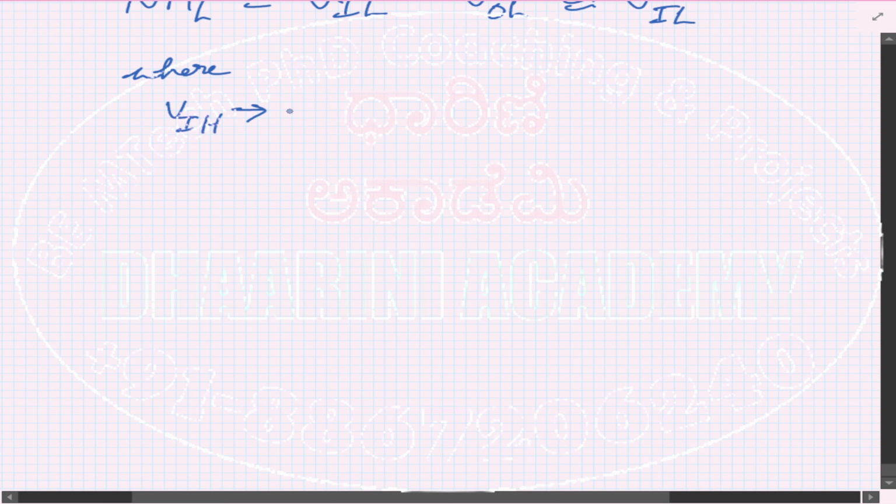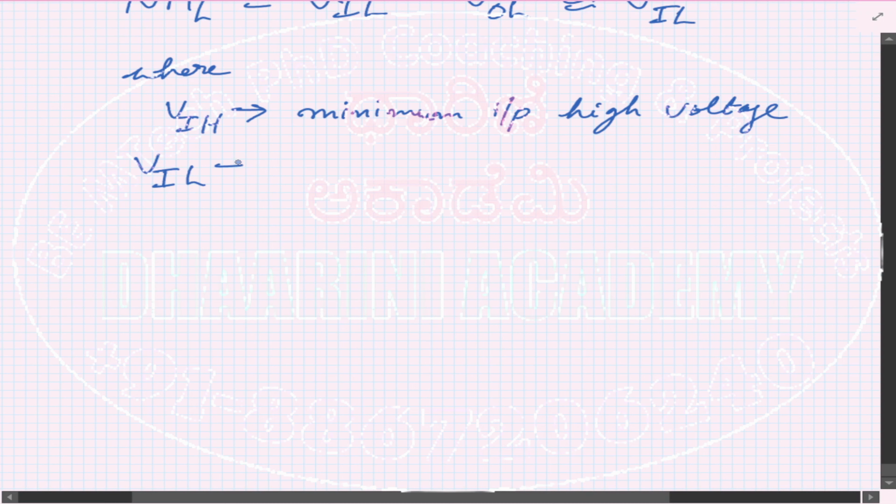VIH is the minimum input high voltage. Now VIL is the next term. This is the maximum low input voltage, right? What is the maximum value of voltage you can give as input which is considered as low voltage?